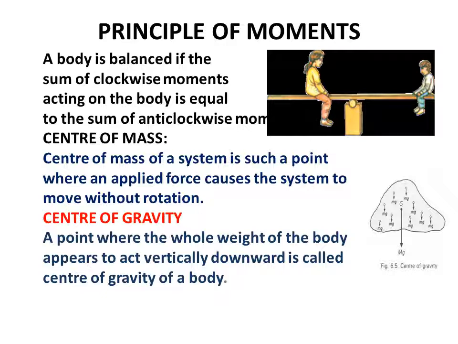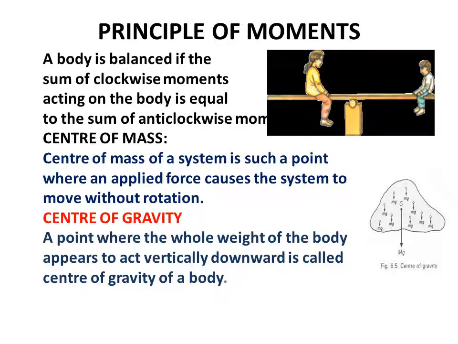The resultant of these parallel forces is a single force equal to the weight of the body. The point where this resultant force acts vertically downwards towards the center of the earth is called the center of gravity, and it is denoted by G.